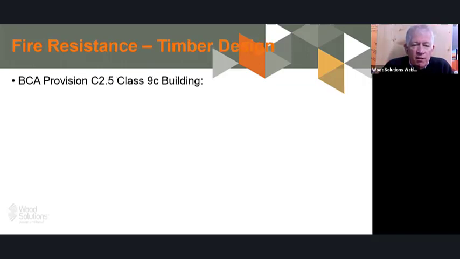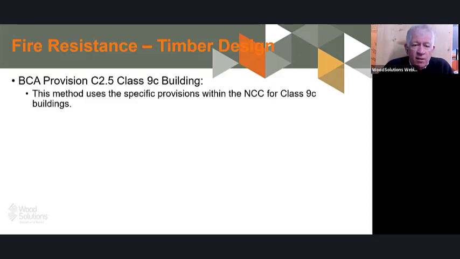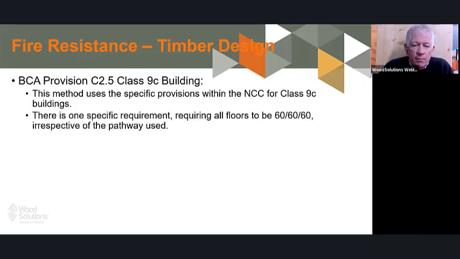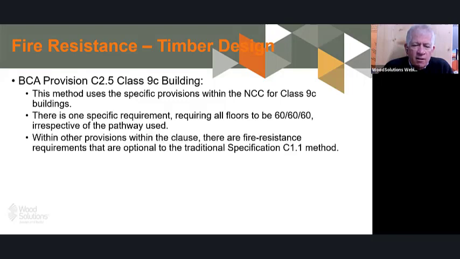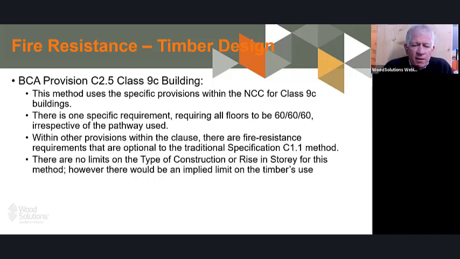So the BCA Provision C2.5 Class 9C buildings. The first thing to know, this is meant to use specific provisions within the NCC for Class 9C buildings, and there's one specific requirement requiring all floors to be 60-60-60, irrespective of the pathway used. And it's just a note, within the provision clauses, that there are fire resistance requirements that are optional to the traditional approach. There is no limit on the type of construction or rise in storeys, but there are implied limits on the timber use.